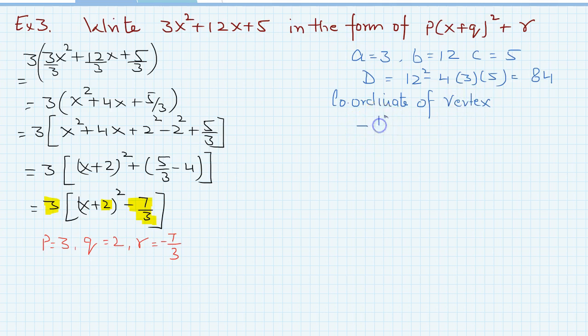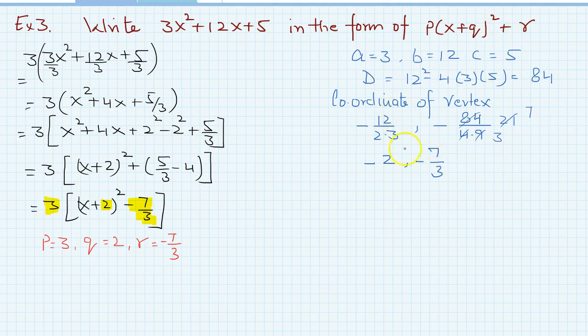Minus b over 2a and minus d over 4a square. So this is minus 2 and this one is 84 over 21. That is 3 times 3 is 9 and 3 times 7 is 21. So that is minus 7 over 3.